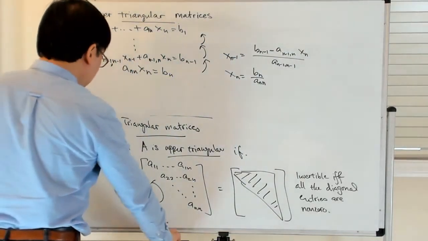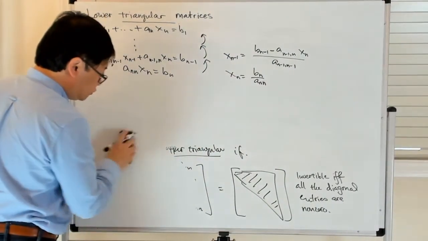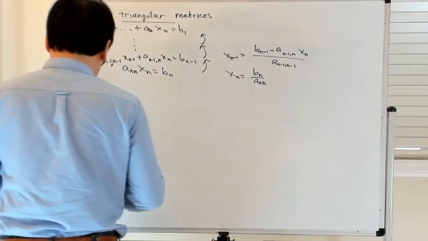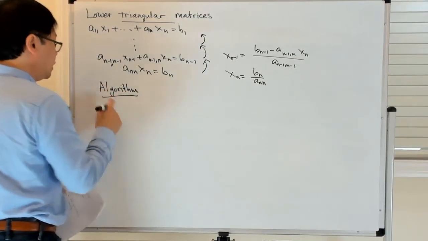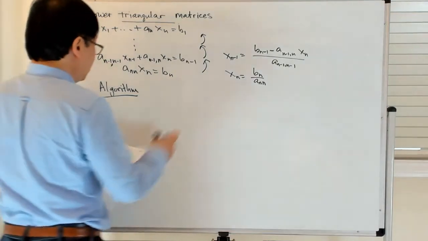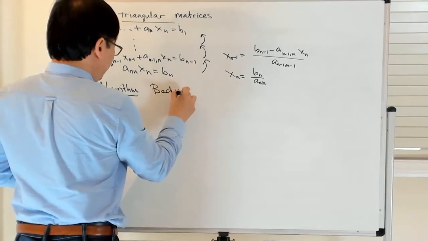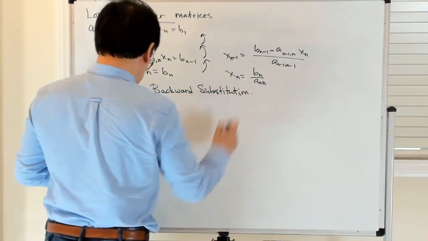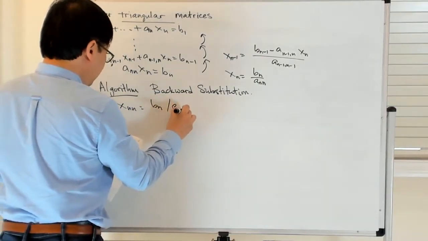Let me write down the algorithm for you as before. Conceptually it's very similar, except that you have to be careful with the indexing. The indexing is not too difficult to figure out, but you just have to be careful. So backward substitution: xn is equal to bn divided by ann.